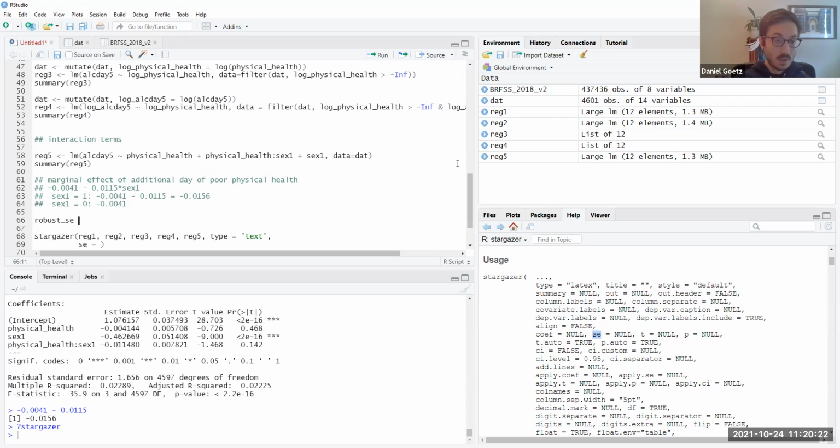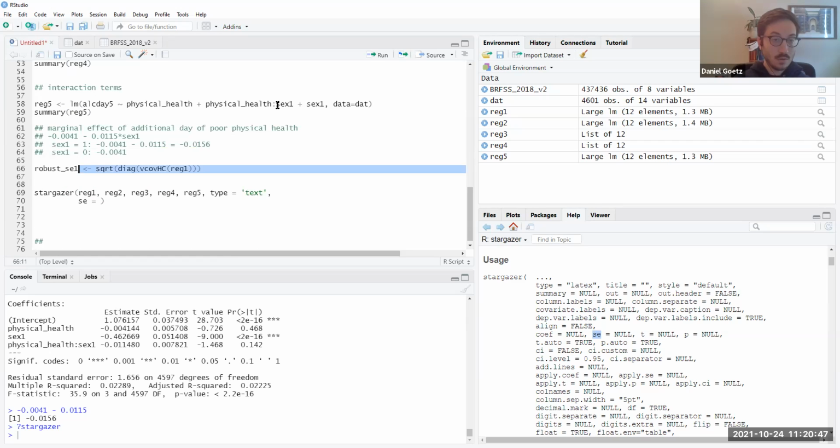So robust standard error is going to be equal to the square root of the diagonal of the variance, the heteroscedasticity consistent VCOV of HC for reg1. And that's going to be robust standard error for our first regression.